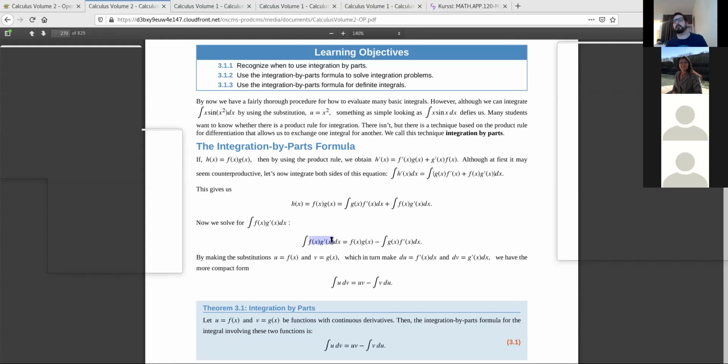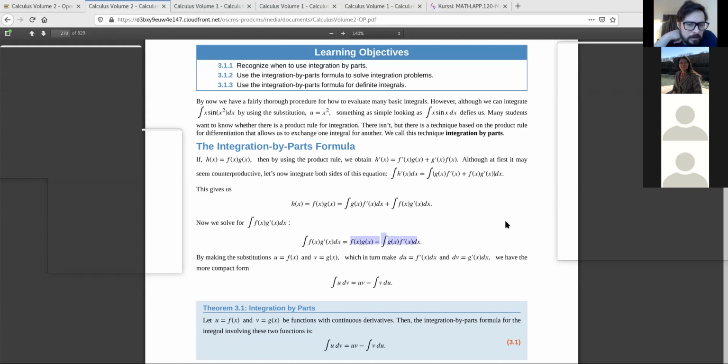One, f of x, we don't know what to do with necessarily, times something which we immediately see to be the derivative of some g. And it looks as though the derivative of f is relatively easy to find. Then we can use this integration by parts formula.